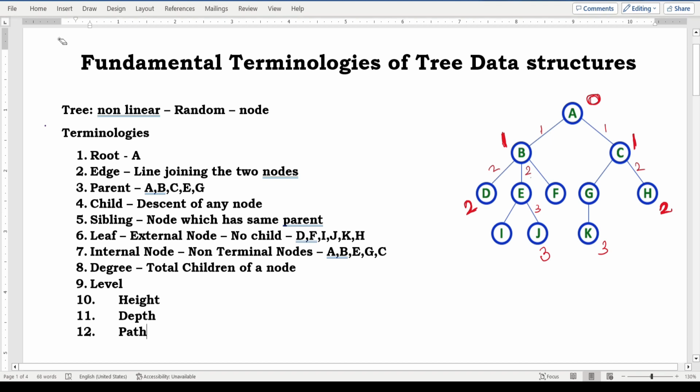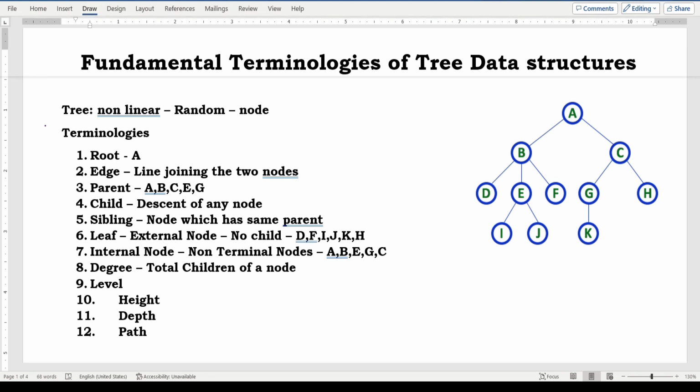Let me erase this one. For example, there are multiple paths that exist. Suppose I take a path, say path P1. Let me take it from any node. I start from A, I go to B, I go to E, I go to H. So the path is AEBJ.